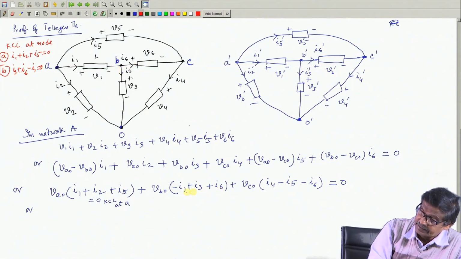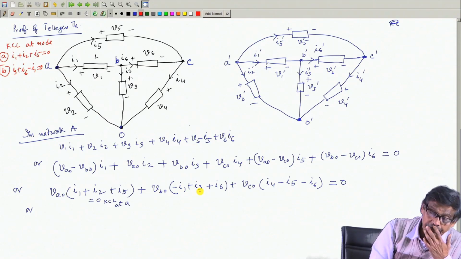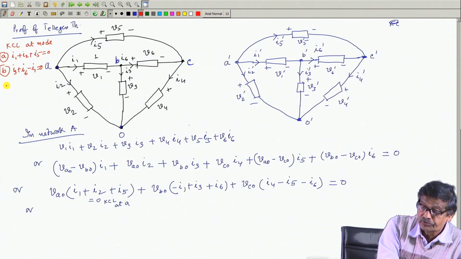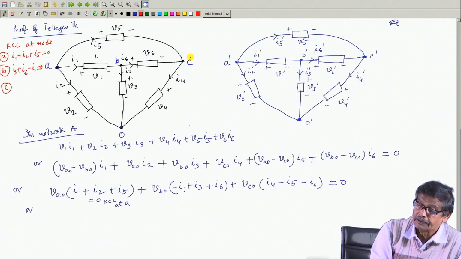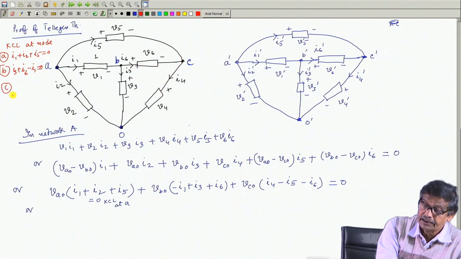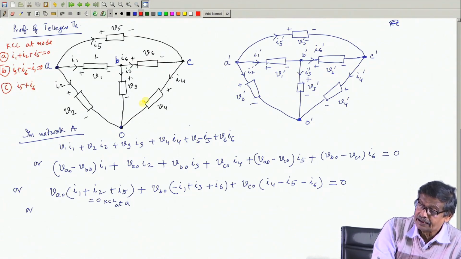So, I 3 plus I 6 minus I 1 must be 0, and at node C, I 5 is converging at C, I 3. So, I 5 plus I 6 and another minus I 4 is also coming, minus I 4, that is equal to 0.